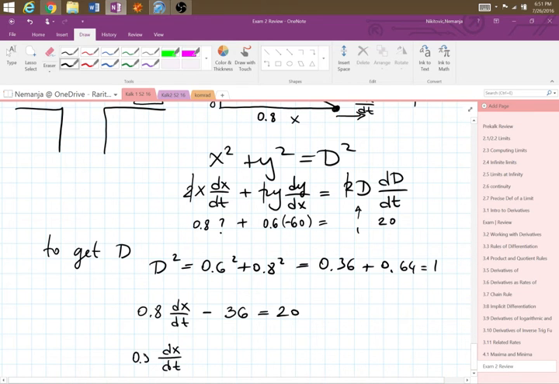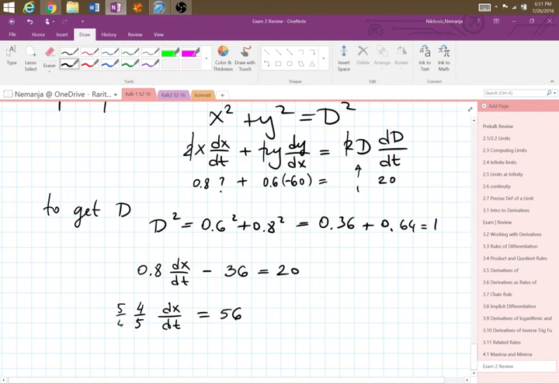So 0.8 dx/dt, well, you can write 0.8 as 4/5, right? Is equal to 56, and then times 5/4.